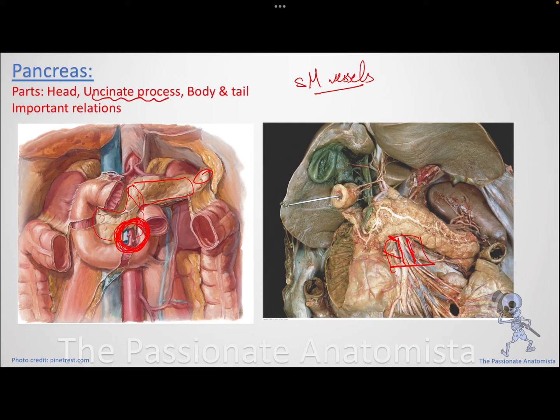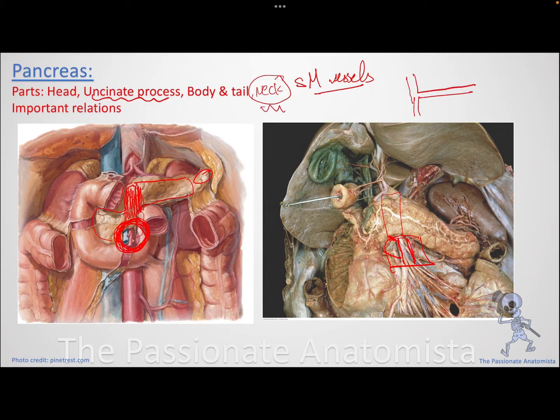Another important thing is the neck of the pancreas, actually the neck is not written here, which is very important. If you look at what happens posterior to the neck, it is the union of the superior mesenteric vein and the splenic vein to form the portal vein.